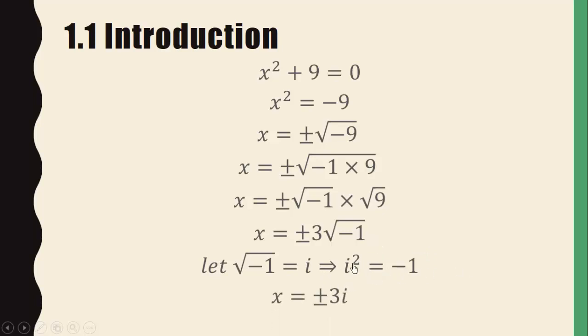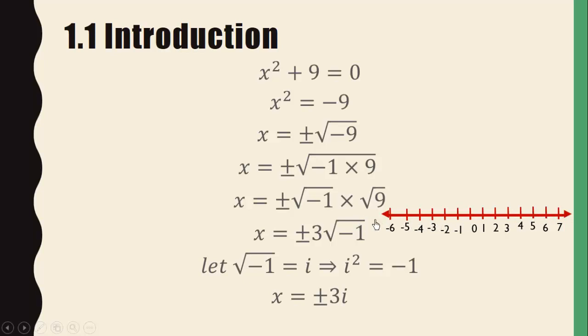Hence the solution to this will be x equals plus or minus 3i, meaning that the solutions can only be imagined, they are not real. So you can see that the root of -1 cannot be illustrated on the number line.